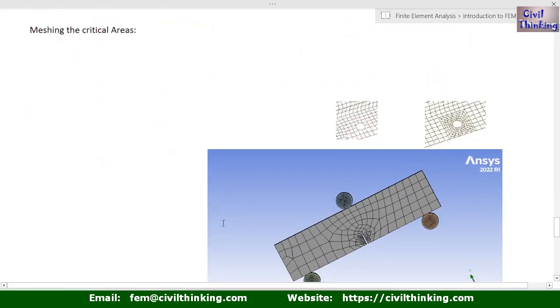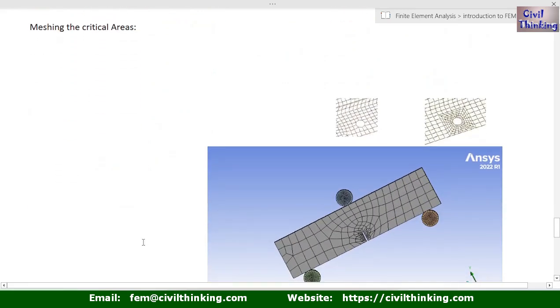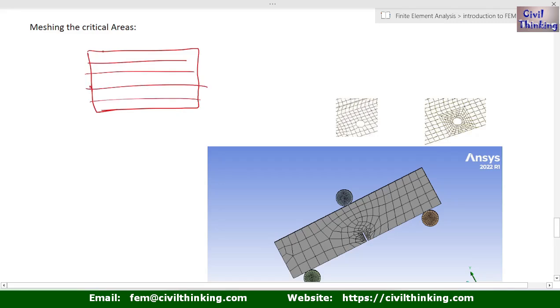So let's move on. Now let's talk about meshing in the critical areas. What happens when you carry out meshing? For example, you have a body like this. When you carry out the meshing, it is symmetric, right?